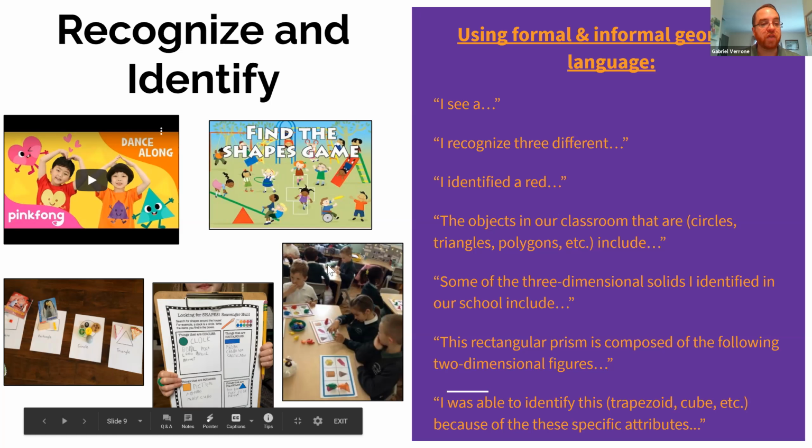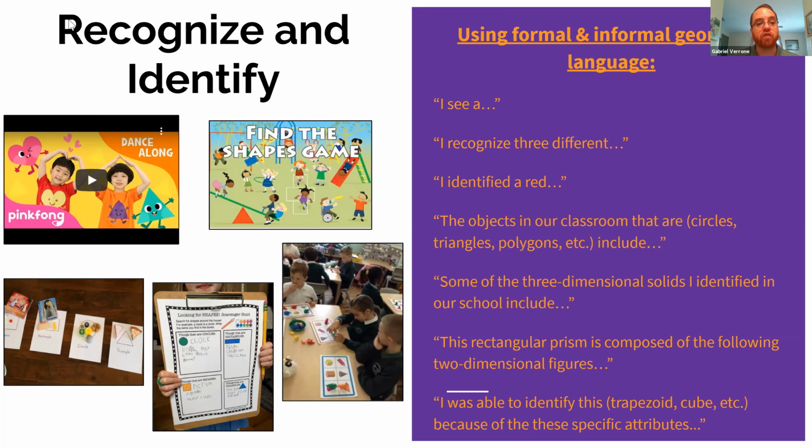And then even with solids, we can have children identify and match solids to a card. Again, is this every single idea that you could have? No, obviously not. But what it does tell you is in a variety of ways, in a variety of contexts, and in the classroom and outside the classroom, you can have children recognizing and identifying, okay?